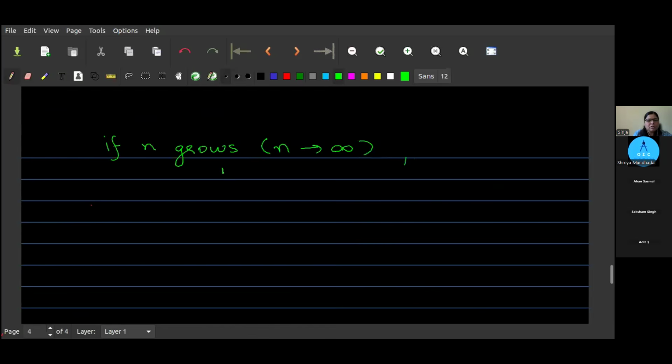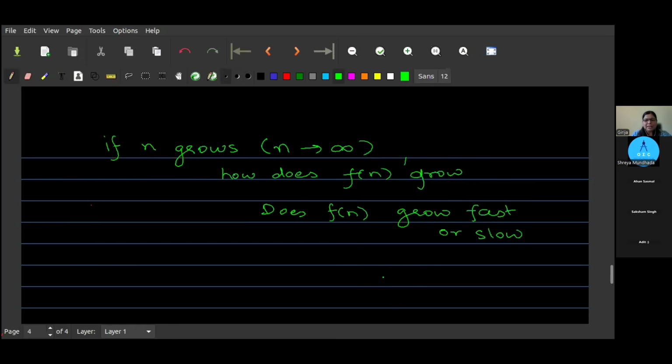If n grows, how does f of n grow? Does f of n grow fast or slow? When I say fast or slow, you need two f of n's, right? You need to compare two and say that this is fast and this is slow. So what we necessarily look at is the growth rate of f of n.